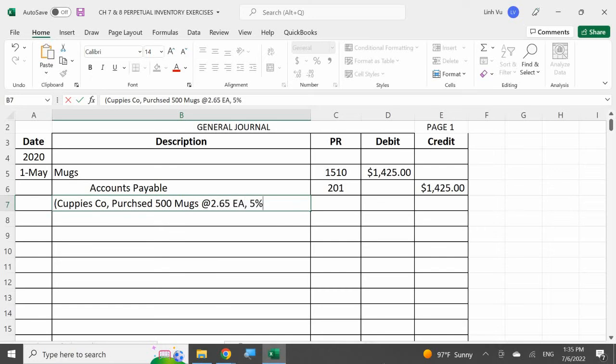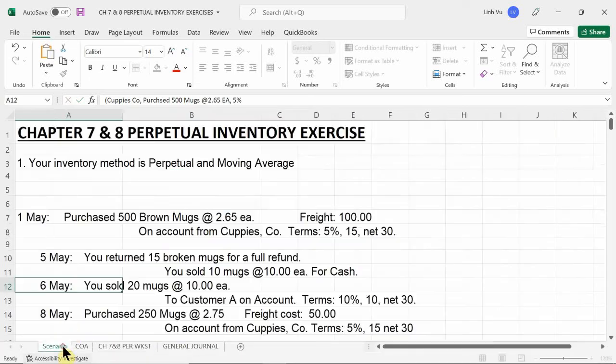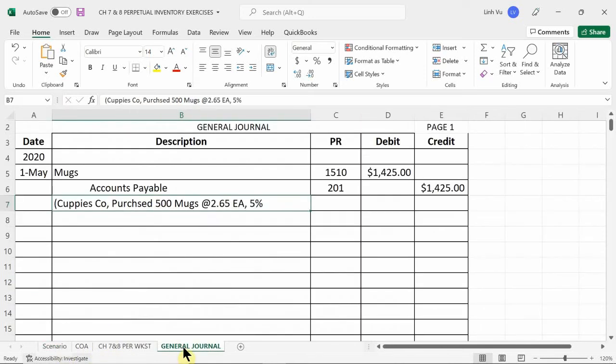Then they gave us a 5% discount if we pay within how many days? They gave us 15 days, if not the whole bill is due in 30. Okay, so 15 days, if not, whole thing is due in 30 days.